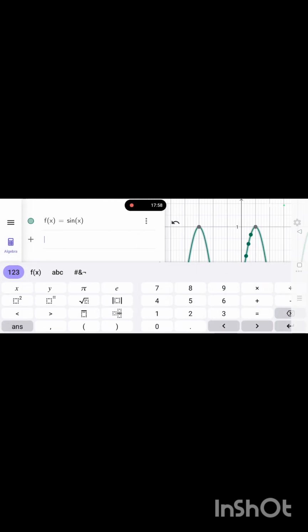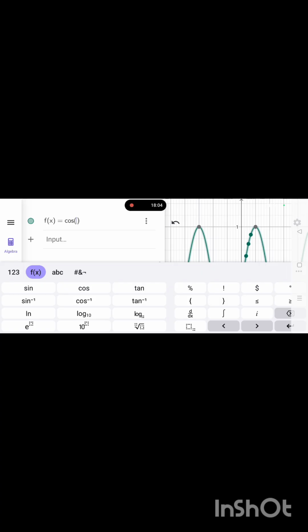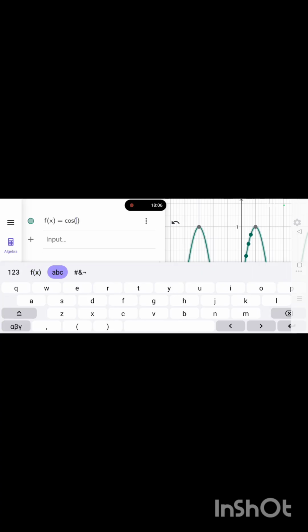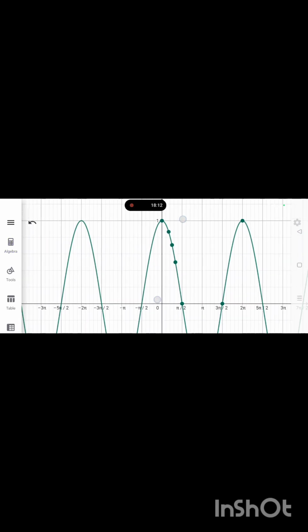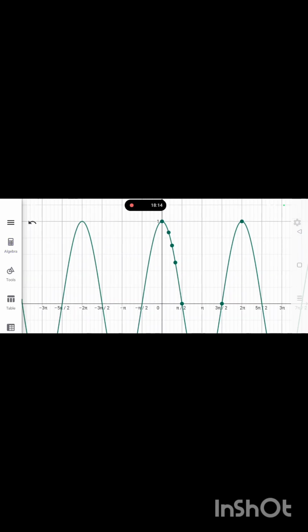Now I'll change to the cos wave. Yes, look at this. The cos wave is a decreasing wave. Cos 0, 1, next cos 30 degree is 0.8, that is root 3 by 2.